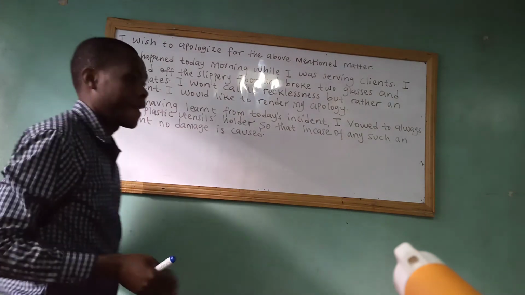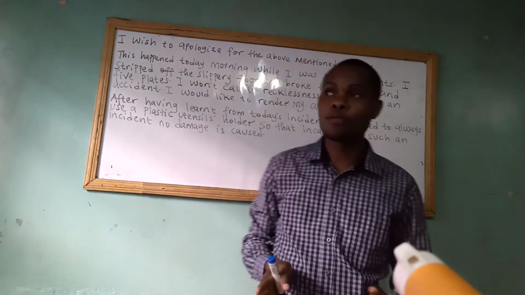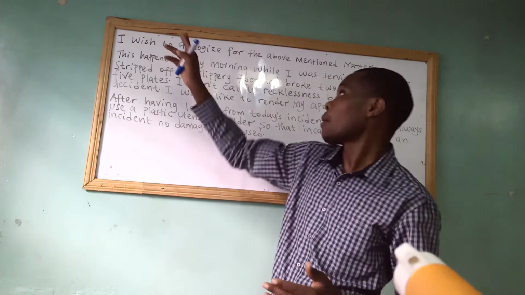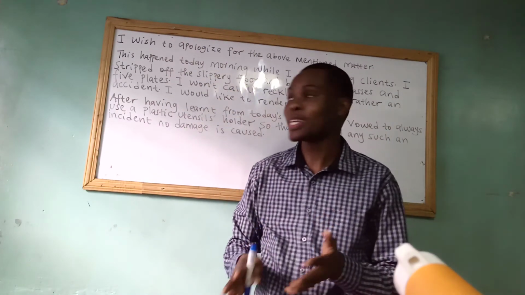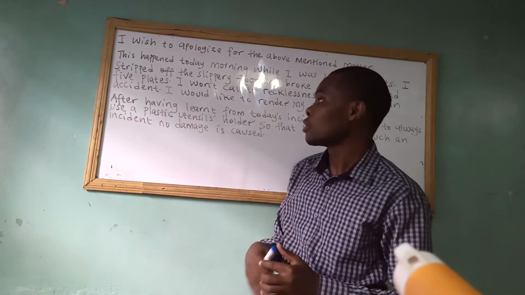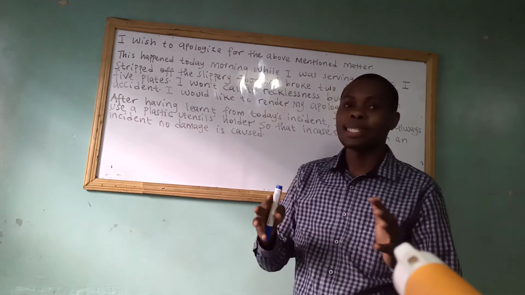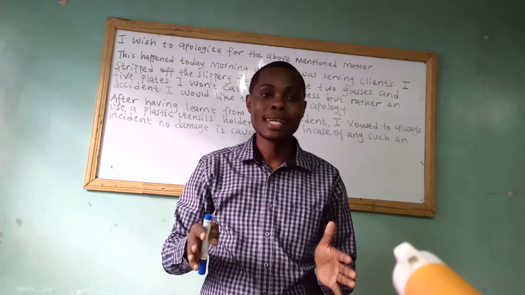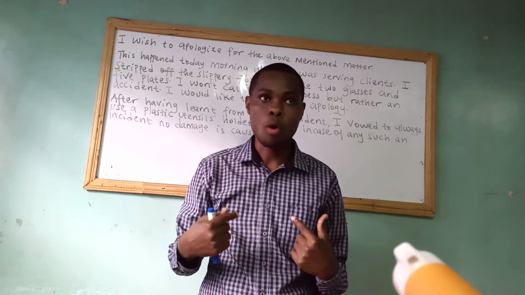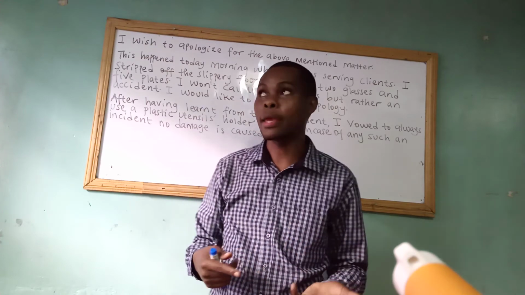Okay? So, at least so far, you've begun by apologizing. You've given an explanation of what happened. And then in the third paragraph, you're trying to show what you are doing to prevent a replica of the same or such an incident happening.